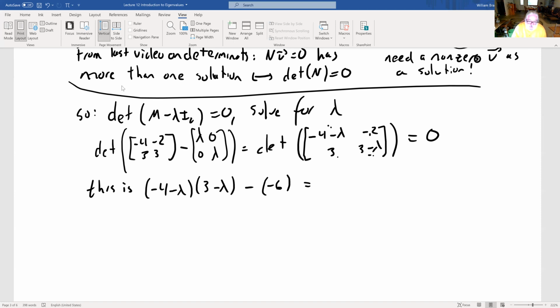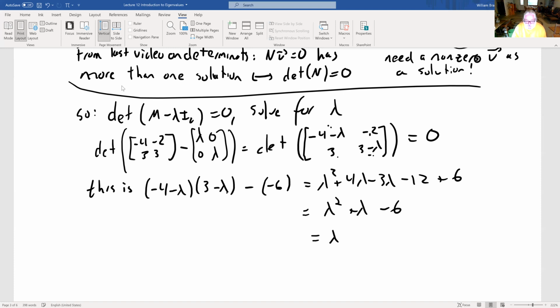If we multiply all this out, what do we get? Well, we've got a lambda squared, a +4 lambda, a -3 lambda, a -12, and a +6. And we can factor that.